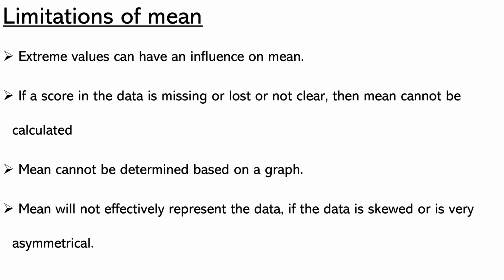Also, we are considering all the values in the distribution, so if any value is missing, then mean cannot be calculated. It also cannot be calculated based on a graph. And if the data is skewed or not symmetrical, then mean will not effectively represent the data. These are some of the limitations.